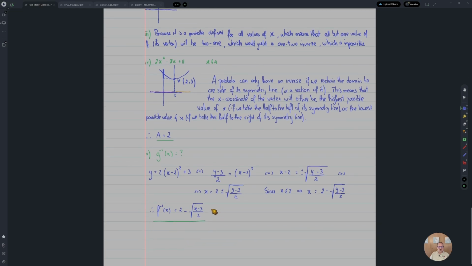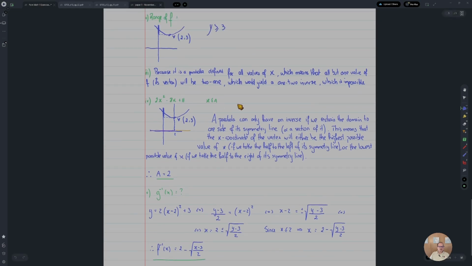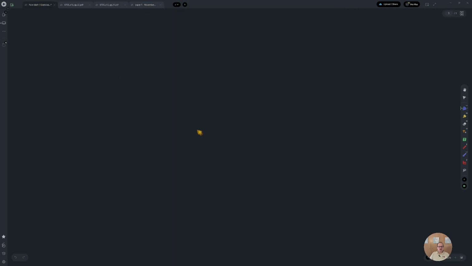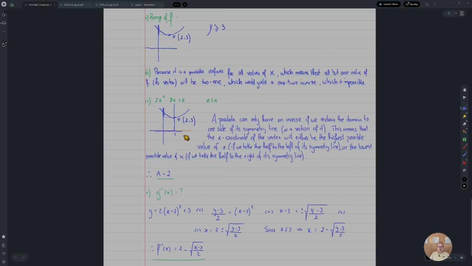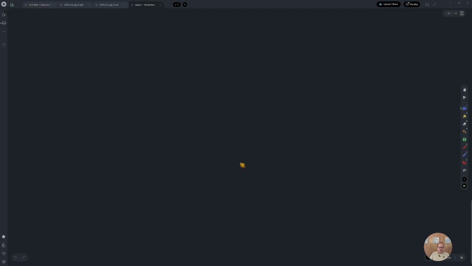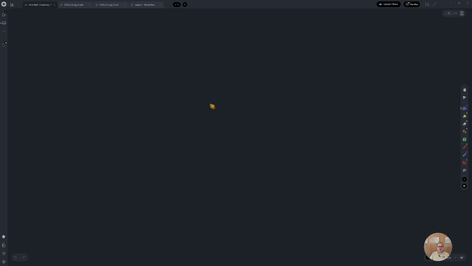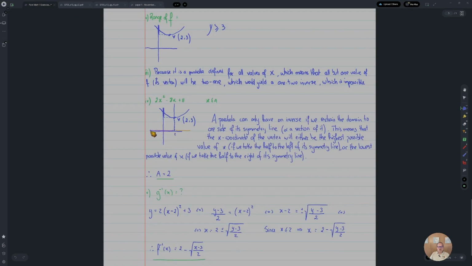And then I didn't write that yet, but it asks here for you to get the range of the inverse, and the range of the inverse is the domain of the original. What is the domain of the original? The largest value of a for which g has an inverse, the largest value of a. So if there is a largest value of a, they pick this side.